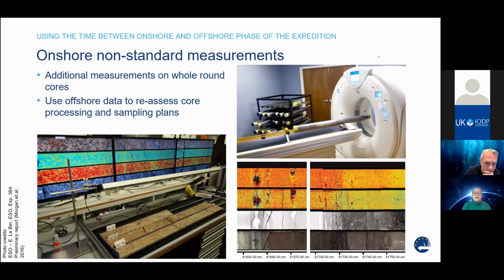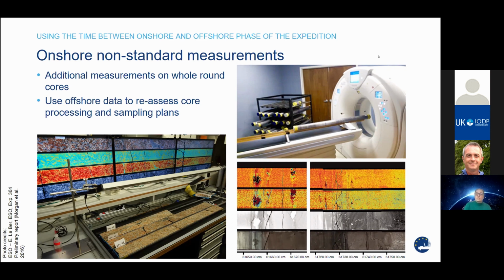Dave has already teased a little bit the time between the onshore and the offshore phase. This is a good opportunity to do additional measurements on the whole round cores. For example, as you can see here on the slide, you could take CT scans of your whole cores to get a better 3D image of the core internally before it gets split and you potentially disturb certain features.